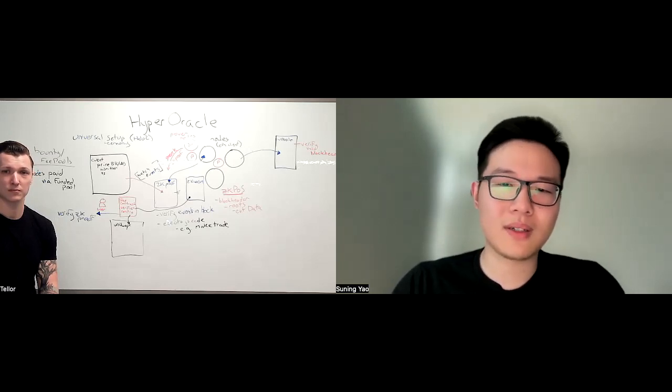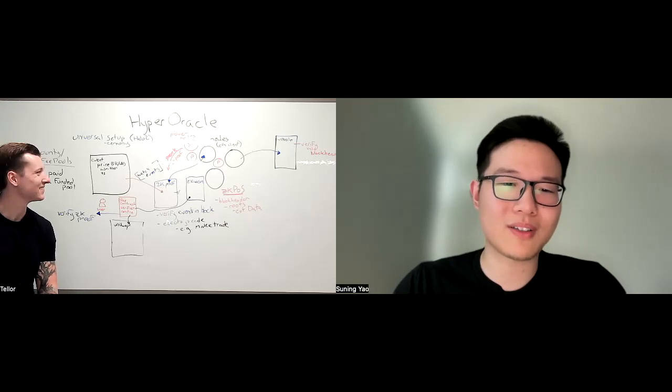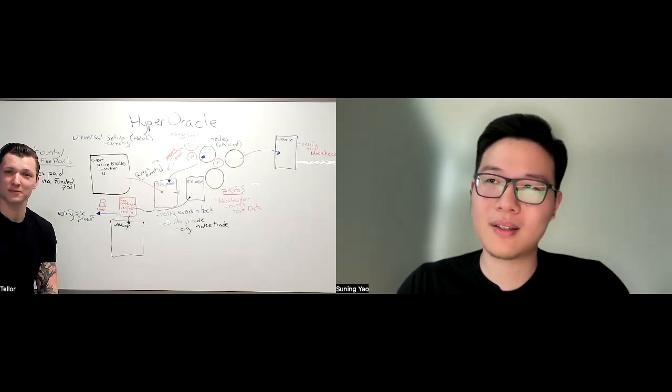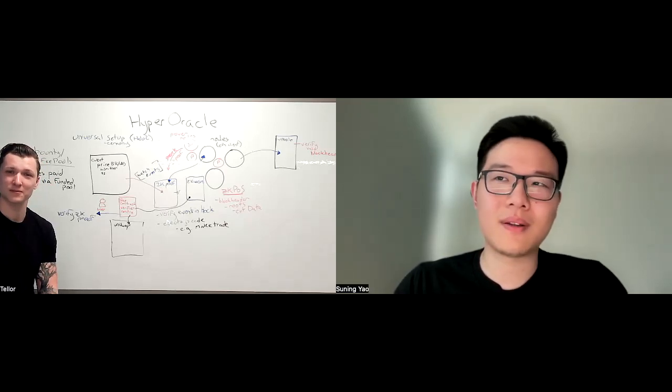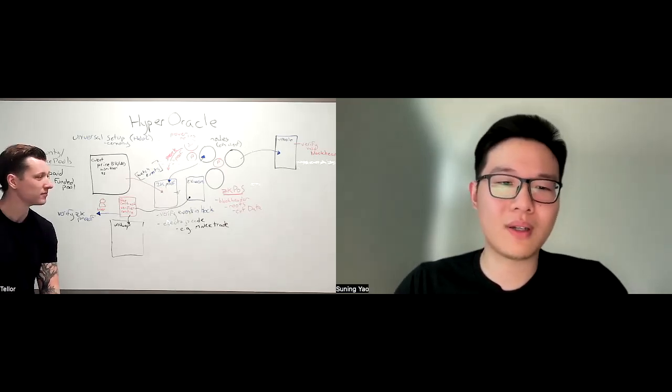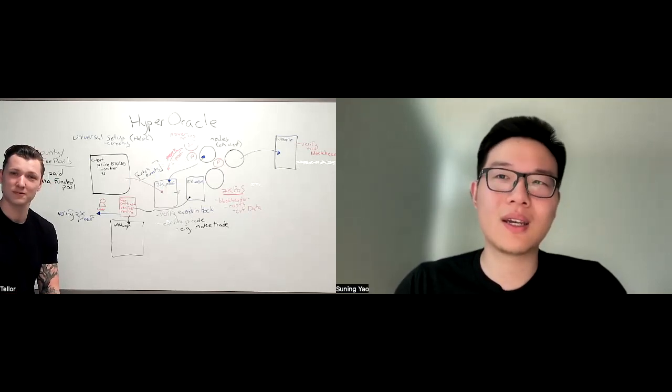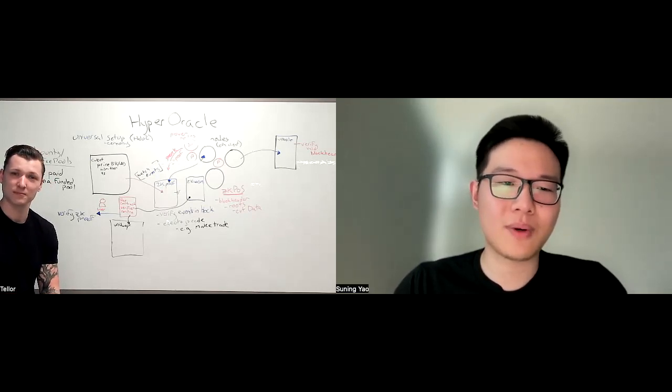You can just run the node anywhere, and you don't have a staking model that may be restricted by the SEC or something like that. So it's more unstoppable, and I think it is a key part of running a middleware network. So any protocol builders that want decentralization, security, and unstoppableness will eventually use HyperOracle.